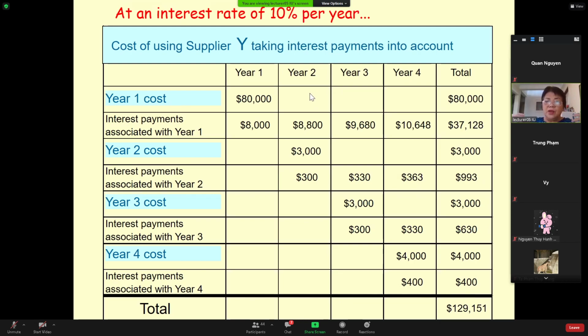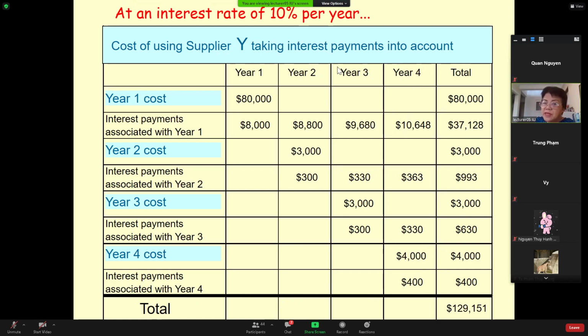Similarly, you do the analysis for supplier Y. For supplier Y, you pay 80,000 US dollars at the very beginning. But then in year 1, you pay the interest. In year 2, year 3, year 4, you pay the interest on the rest.